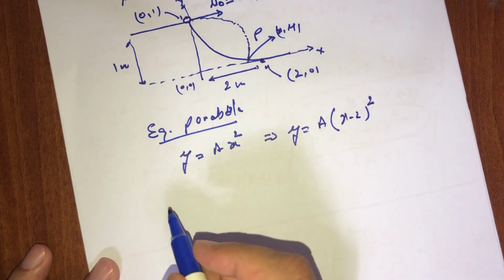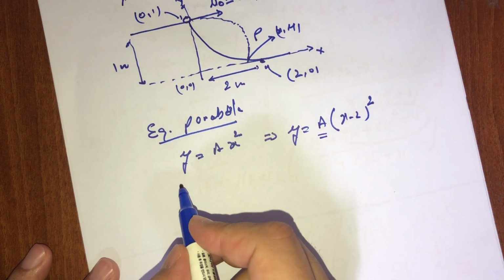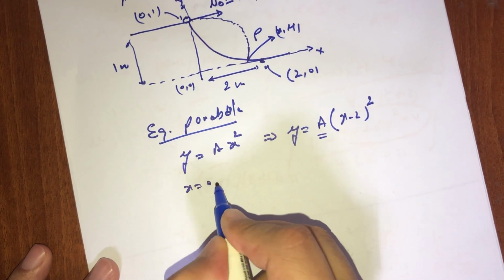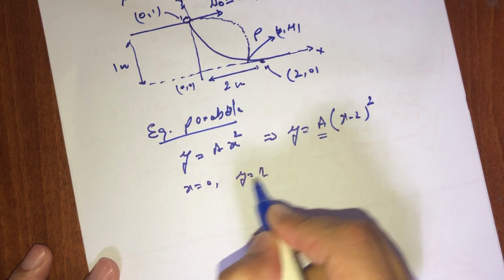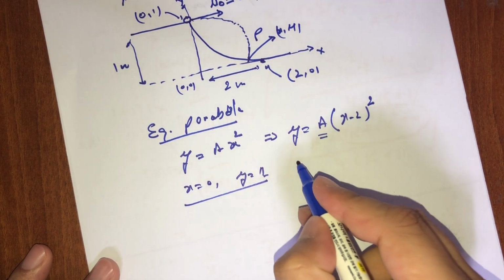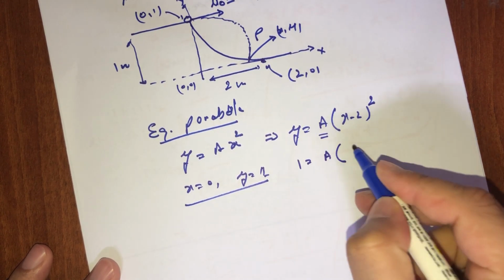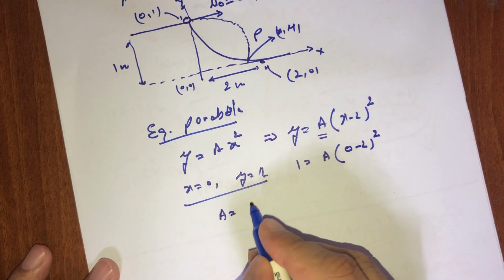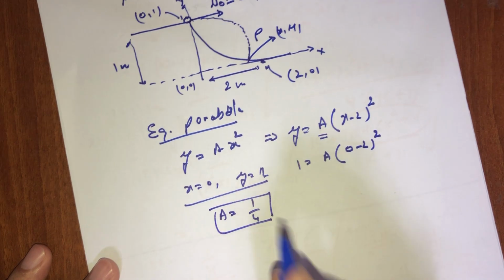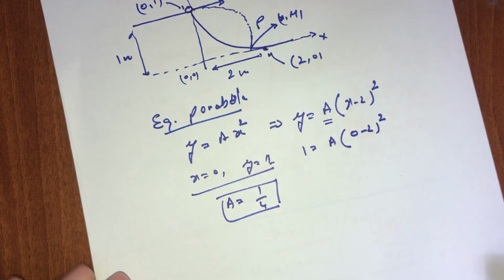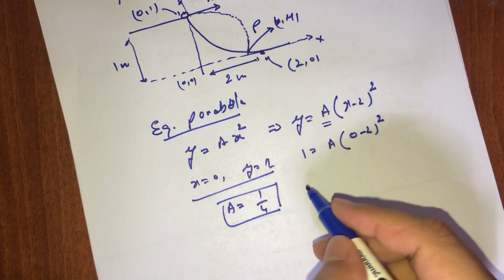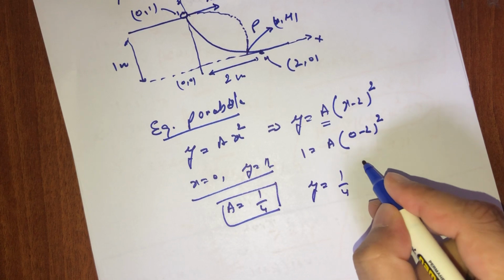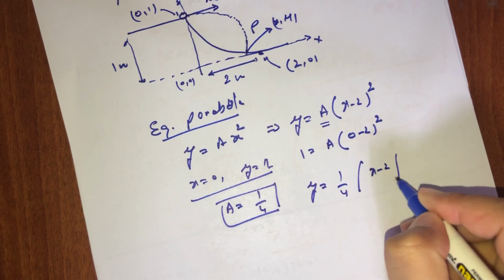First we find the value of a. We already know when x is equal to 0, y is equal to 1. So we put here 1 equals a times (0 minus 2) whole square. We can say a is equal to 1 by 4. So we get the equation of the parabola: y is equal to 1 by 4 times (x minus 2) whole square.